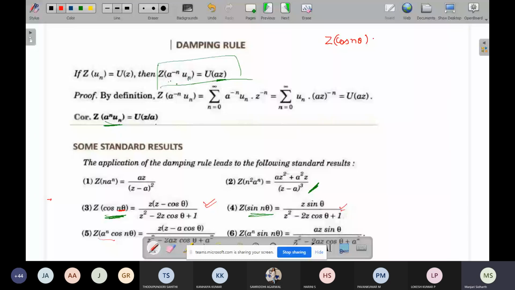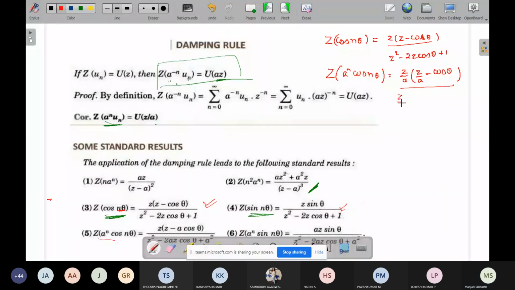Z transform of cos n theta, we have the formula z into z minus cos theta over z square minus 2z cos theta plus 1. Now if it is multiplied by positive power of a, then z will be replaced by z by a. Wherever you find z, just replace it by z by a.